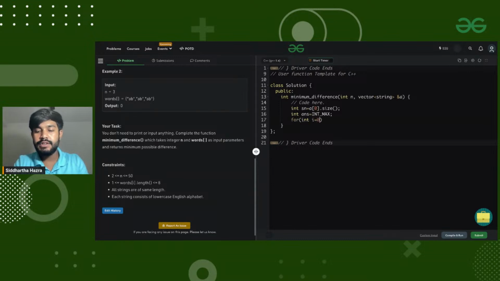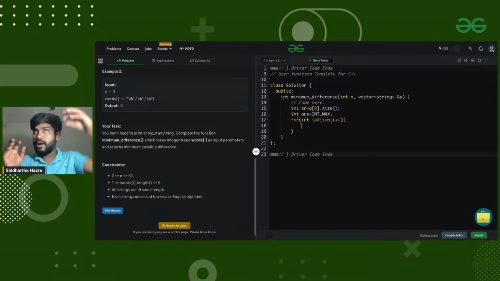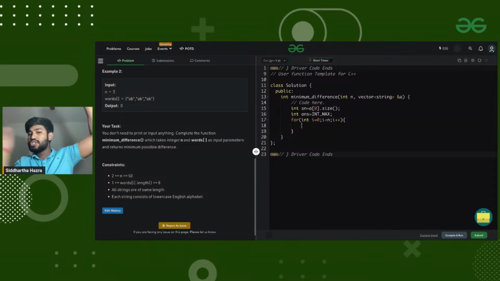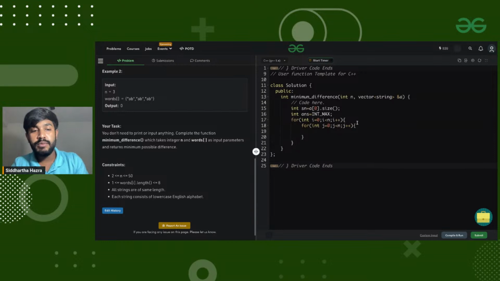Then for int i equals 0, i less than n, i plus plus. Then we have a pointer j which would move like this. For int j equals 0, j less than n, j plus plus. And then one more thing, that i should not be equal to j.